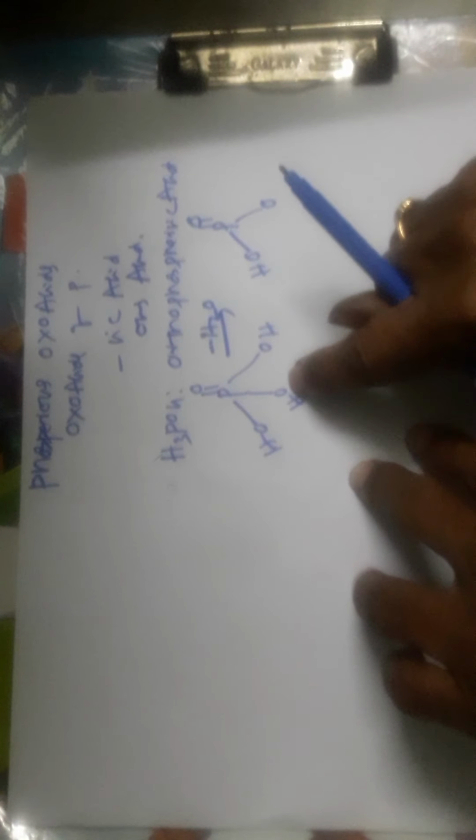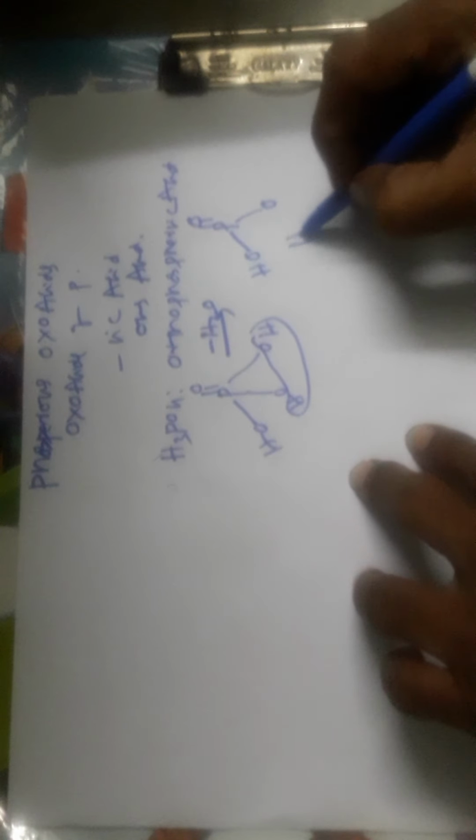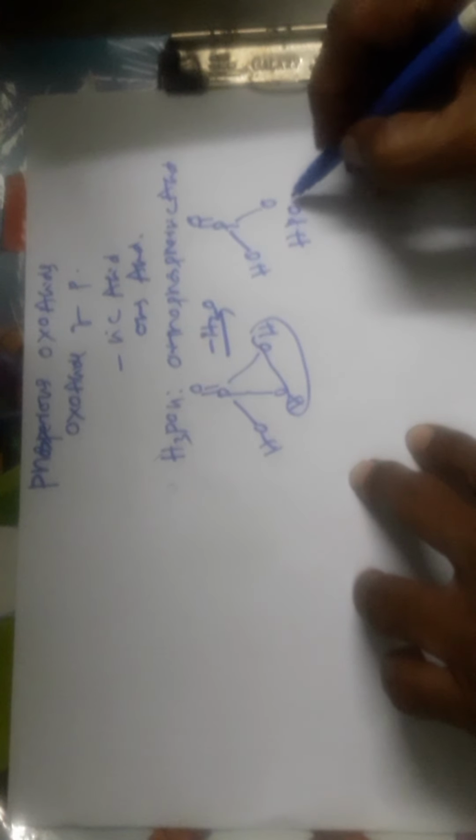OH, H removed. What happened? P double bond O, HO, and the remaining P. So this is nothing but the formula HPO3.